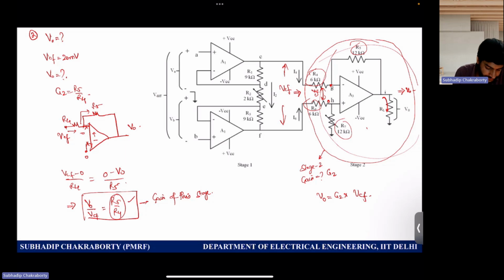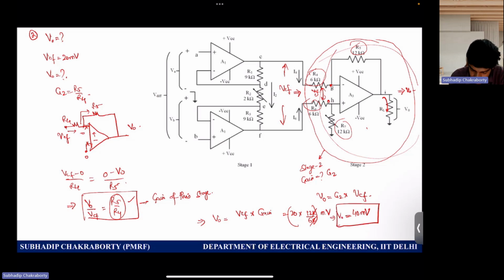So now once you have R5 by R4 as the gain, we can find out V0 as VCF times the gain, which is nothing but 20 times R5 by R4, which is 12 by 6 millivolts, because kilo and kilo can cancel, so 40 millivolts. V0 is nothing but 40 millivolts.